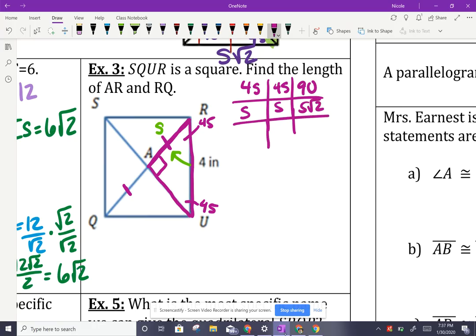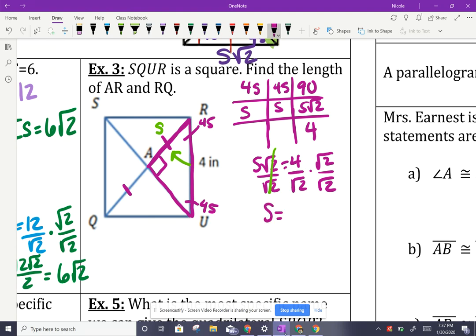And there are a couple of ways you can set this up. I could do the larger 45, 45, 90 triangle. That works too. And 4 is across from the 90, which is S root 2. So S root 2 equals 4. Go through and divide by root 2, and then multiply by root 2. These are going to cancel out.